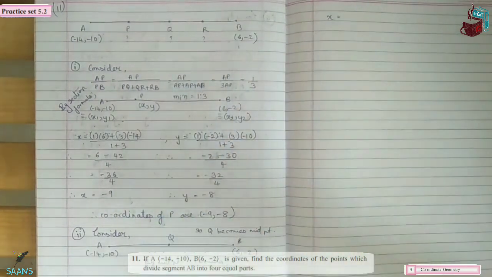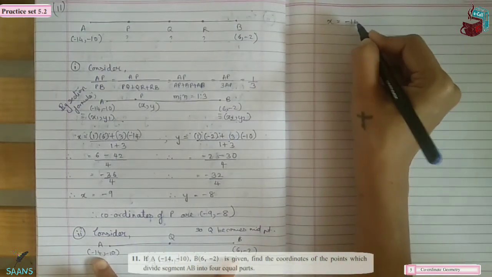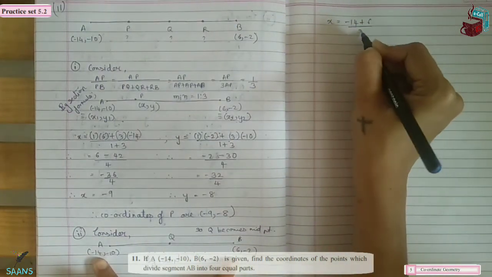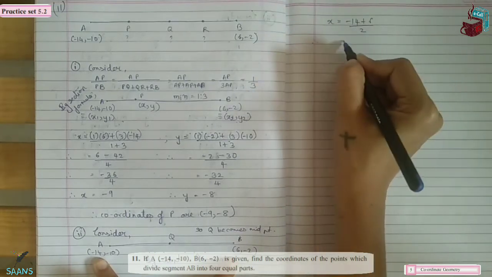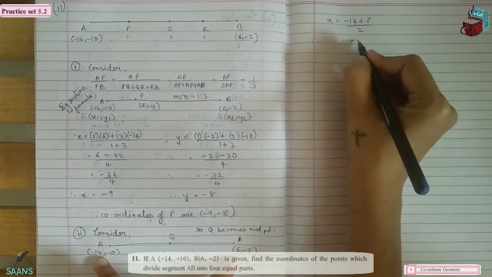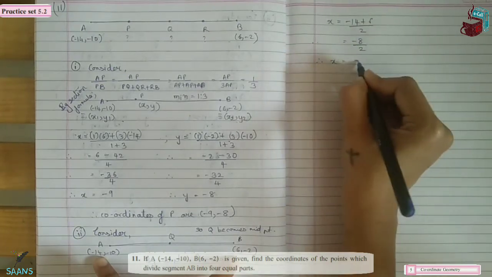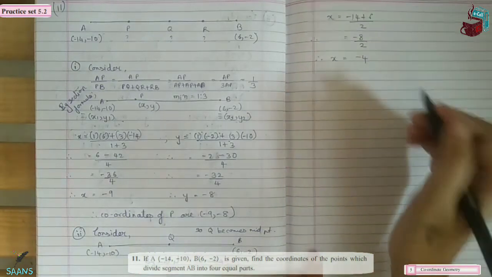x is equal to (x1 + x2)/2, that is (-14 + 6)/2, which equals -8/2. Therefore, x is equal to -4.